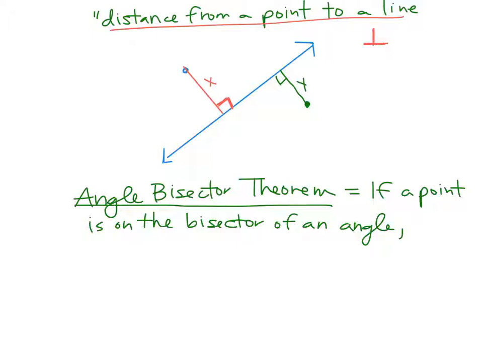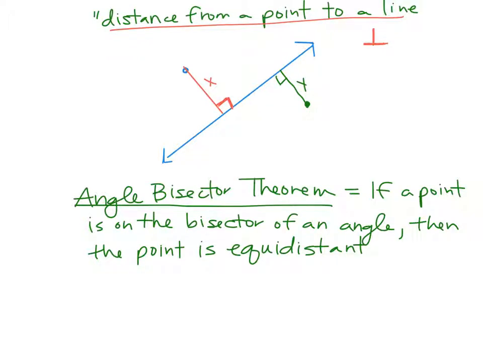If a point is on the bisector of an angle, then the point is equidistant, which means what again? Equal distance, right? The same distance away. Then the point is equidistant from the sides of the angle.